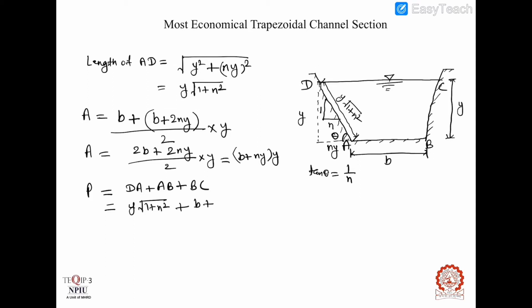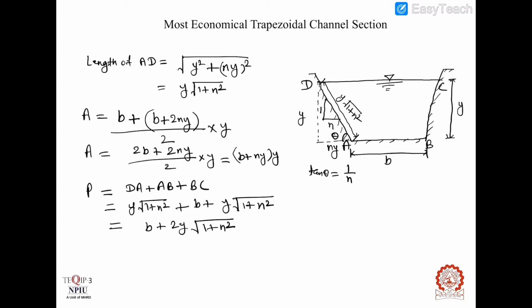AB is b, and BC is also the length of the sloping side, that is y root over 1 plus n square. So this is b plus 2y root over 1 plus n square.